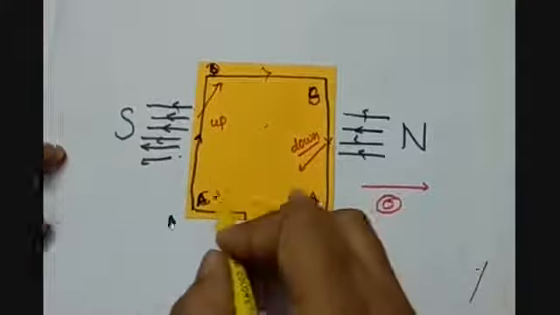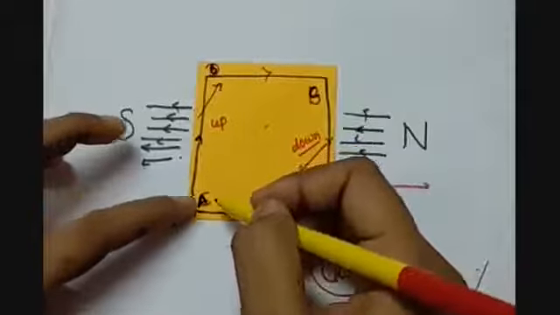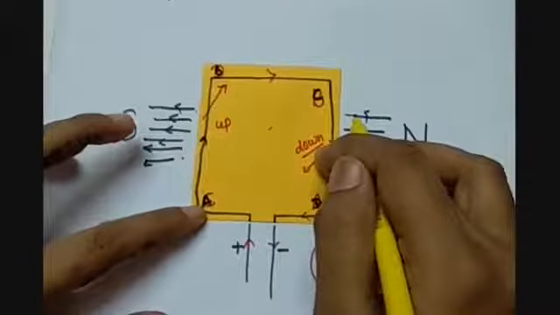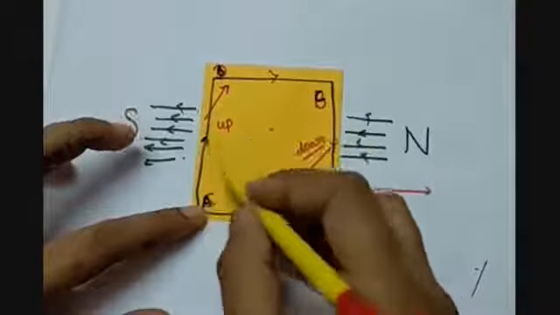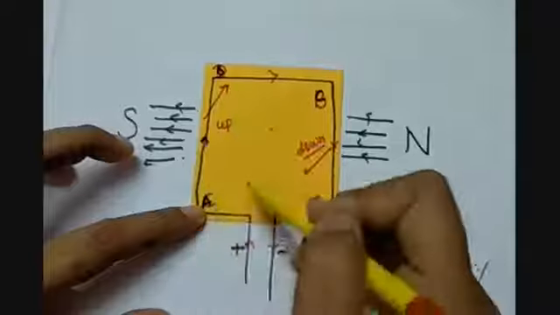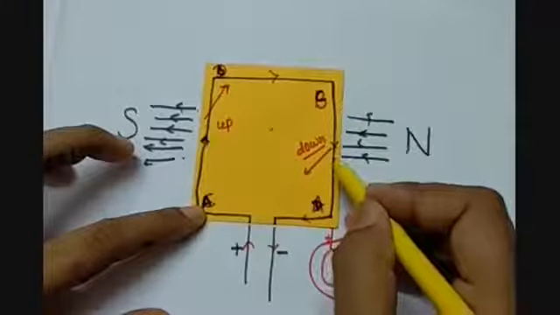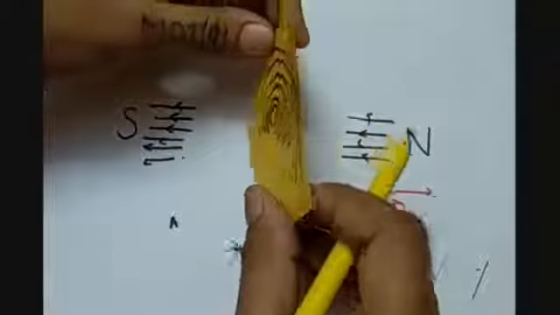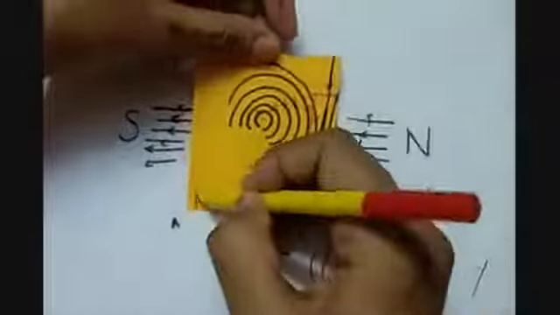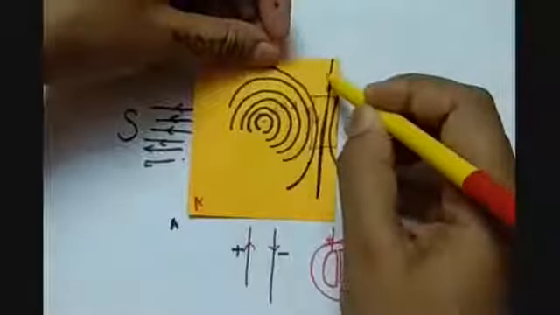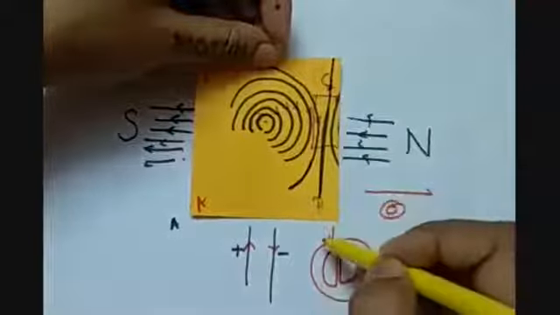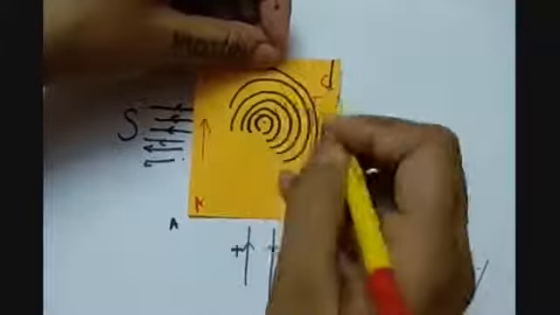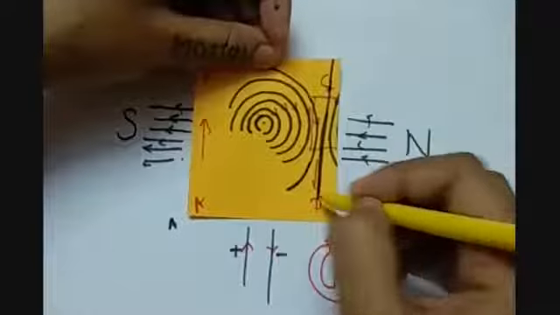So now when CD comes to the place of AB and AB comes to the place of CD, the same thing will happen. The current will flow in this direction. So this will experience an upward force, and AB will now experience a downward force. So this will again move in this direction. Now it will become AB here and CD here. So this will experience an upward force because current is flowing in this direction, and here the current is flowing in this direction.